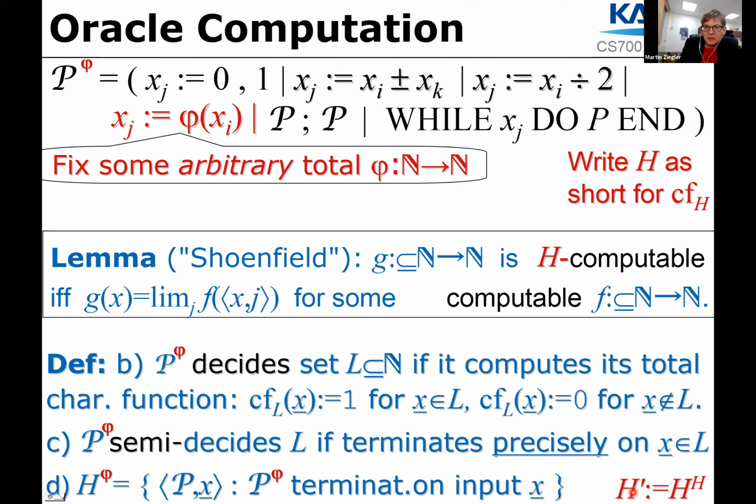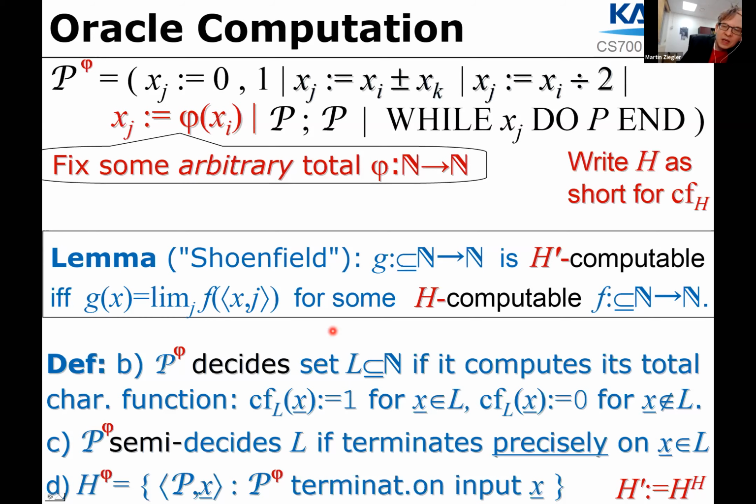But first, let's proceed to prove Shoenfield's limit lemma, not because it's so interesting but because both the statement and its proof will later be generalized to continuous functions, to real functions, from the current setting of integer valued functions. Okay, so what is the proof?